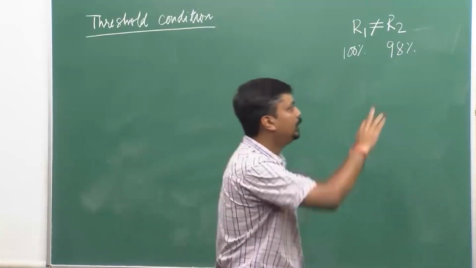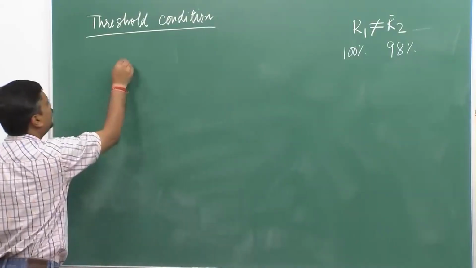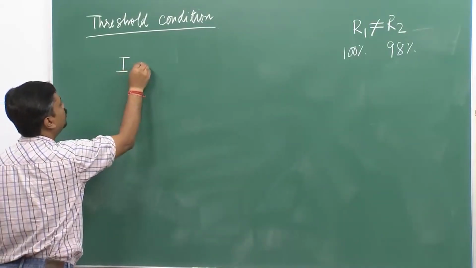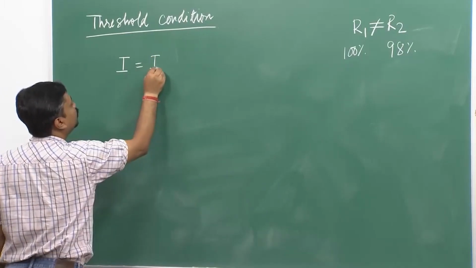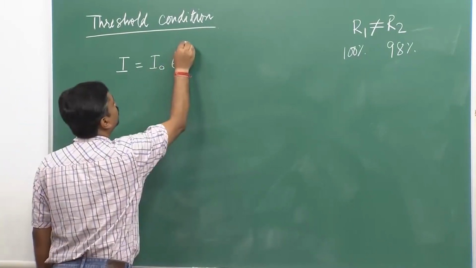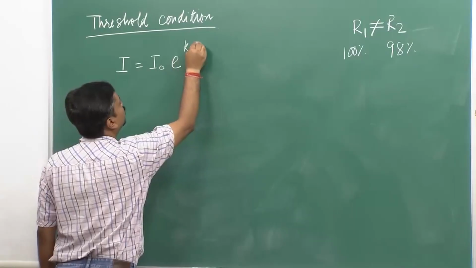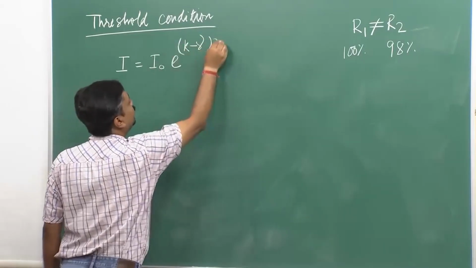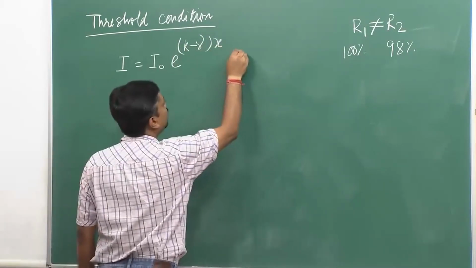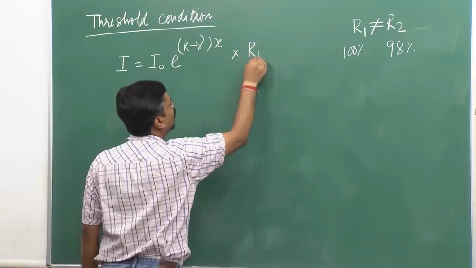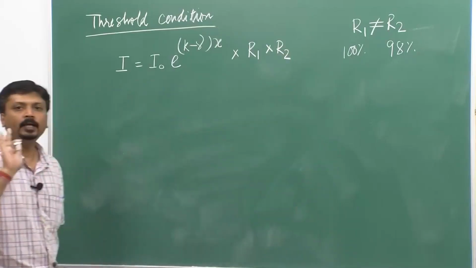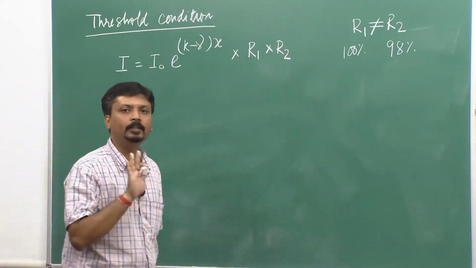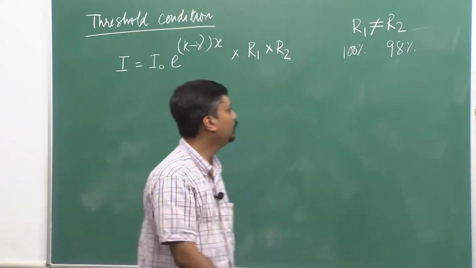So, this expression has to be modified as I equals I0 e to the power (k minus gamma)x multiplied by R1 multiplied by R2. This is my real life situation.